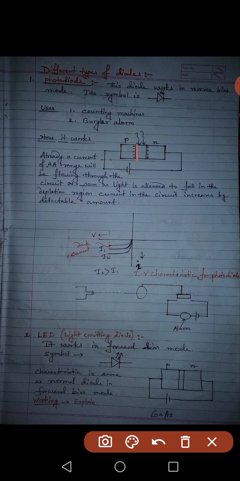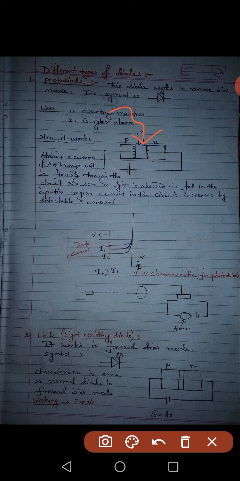As soon as light of suitable frequency falls in the depletion region, the loosely bound electrons get energy from the incoming light and come out of the atom. Once an electron comes out, there will be a vacancy where it came from, so that is called a hole.